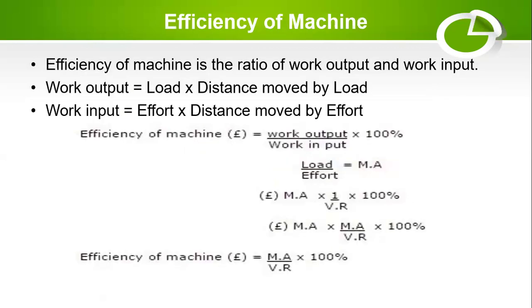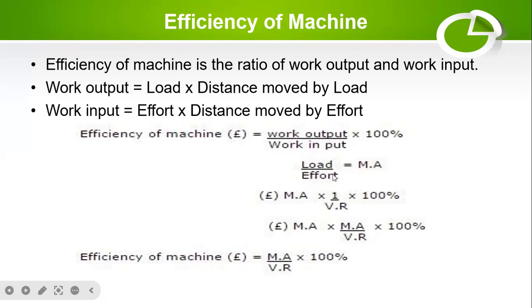The other term is the efficiency of a machine. Efficiency is the ratio of the work output to the work input. Work output equals load times distance moved by load, and work input equals effort times distance moved by effort. Mathematically, efficiency equals work output over work input multiplied by 100%.